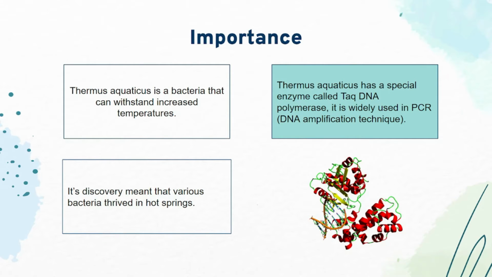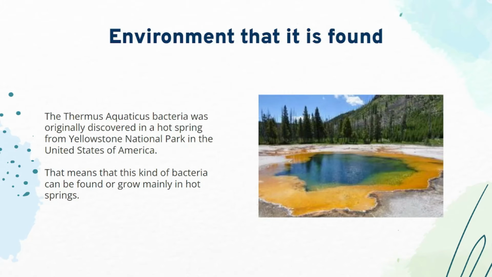And also, its discovery meant that various species of bacteria, especially the Thermus family, thrive in hot springs. And we can find this kind of bacteria in hot springs. The Thermus aquaticus was originally discovered in Yellowstone National Park in the United States of America.